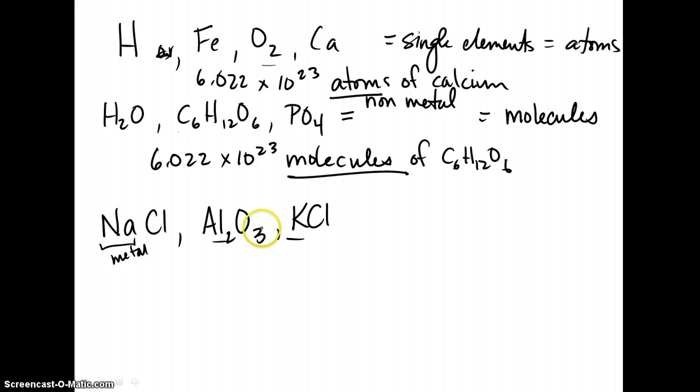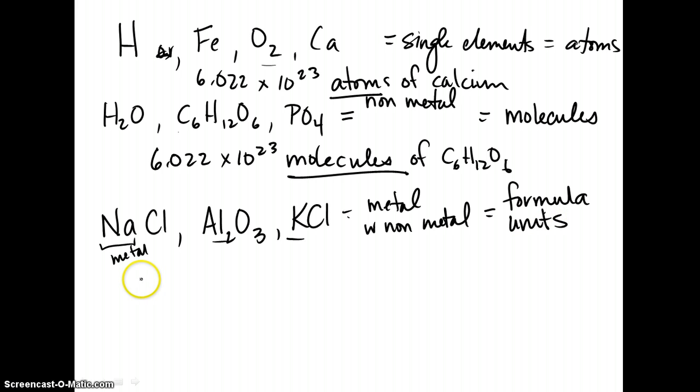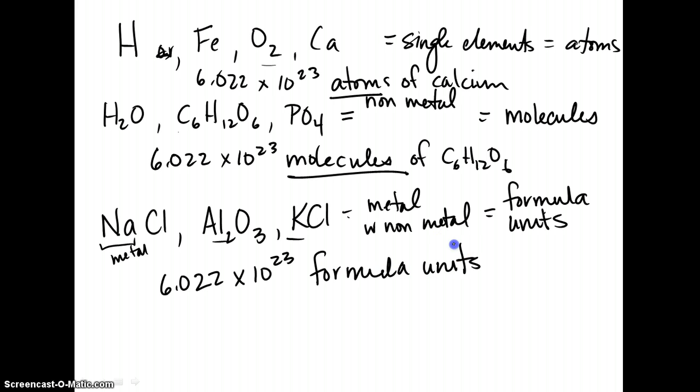Potassium is a metal. And then the second one is a nonmetal. So in this case, we have a metal bonded with a nonmetal. And when that's the case, we call them formula units. So in this case, 1 mole of sodium chloride would be 6.022 times 10 to the 23rd formula units of NaCl.